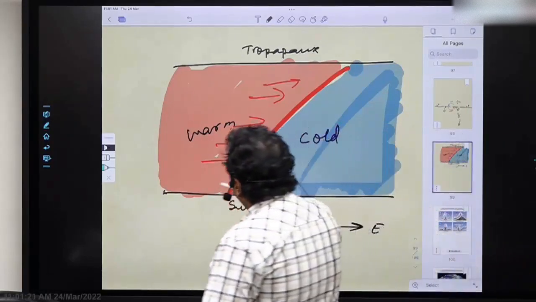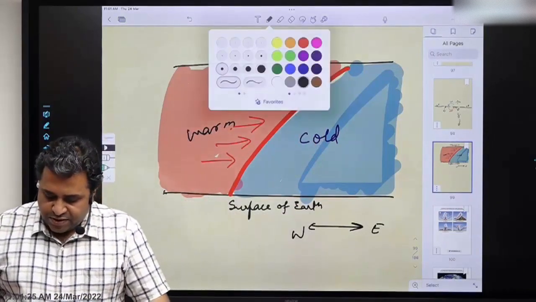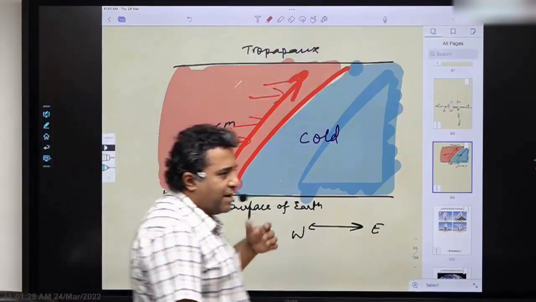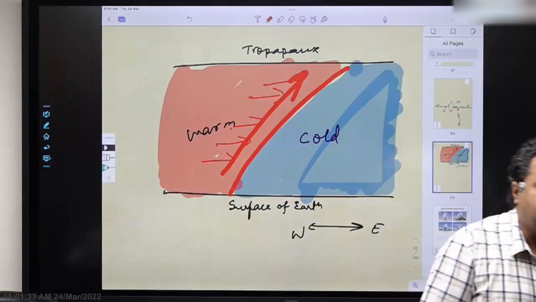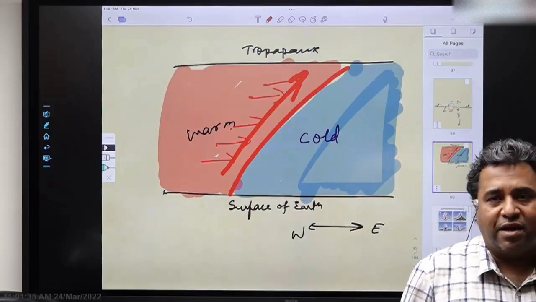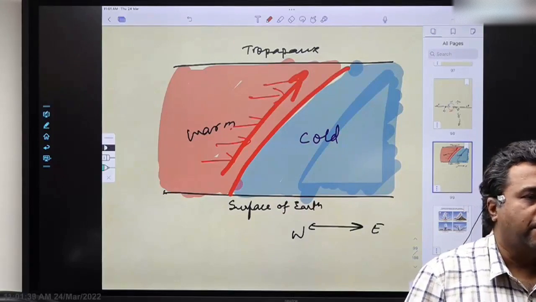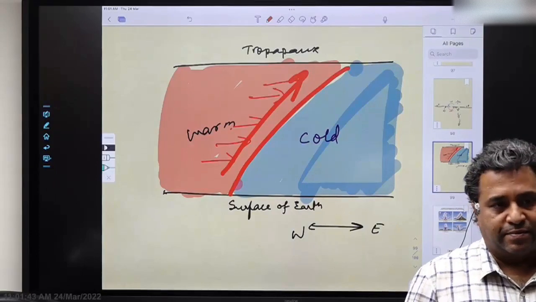Now, as this warm air will start going up, ये कौन सा सिनेरियो हो गया? You had a low pressure on the surface, mechanically created, and now the warm air has also started rising. Is this warm air rising convectionally, orographically, or over the front? Over the front. तो ये कौन सा rise है? Frontal rise.